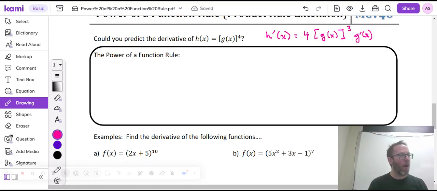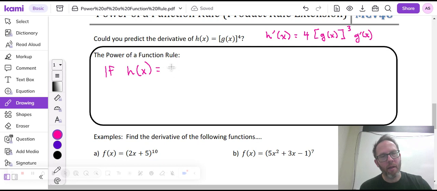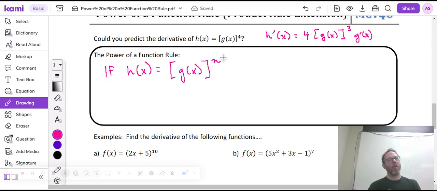This is the power of a function rule, and it says this. If you have a function that is some other function raised to some power, and it doesn't matter what power, we looked at positive integers, but this works with negative integers, decimals, fractions, what have you.